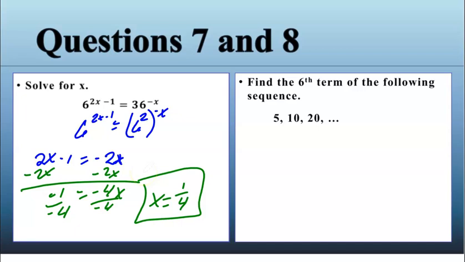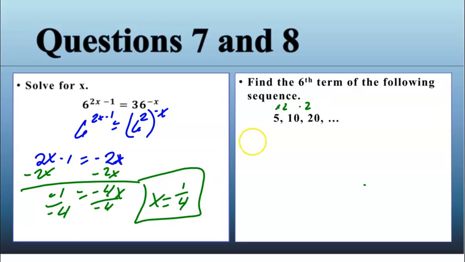Question 8, find the sixth term of the following sequence. So here, we need to find out first off, how are you going from one term to the next? Well, here I know I'm just multiplying by 2 and then multiplying this by 2. So I have a common ratio of 2.